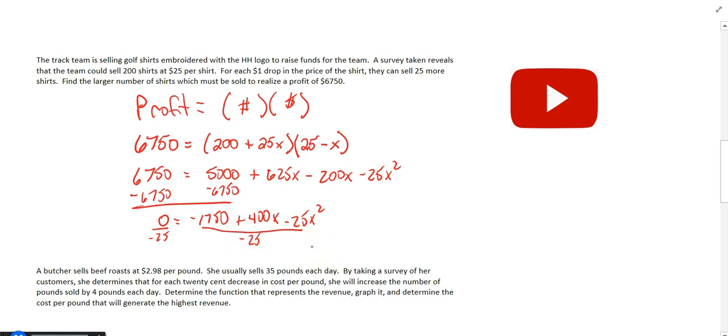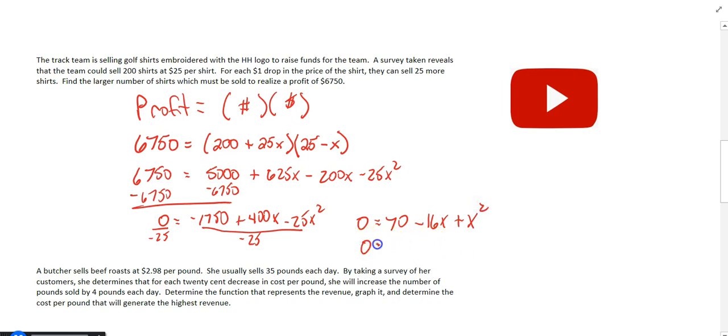If I reach for my calculator and divide 1,750 by 25, I get 70. So I get 0 equals 70, 400 divided by 25 is going to be negative 16x, and then 25 divided by 25 is x squared.